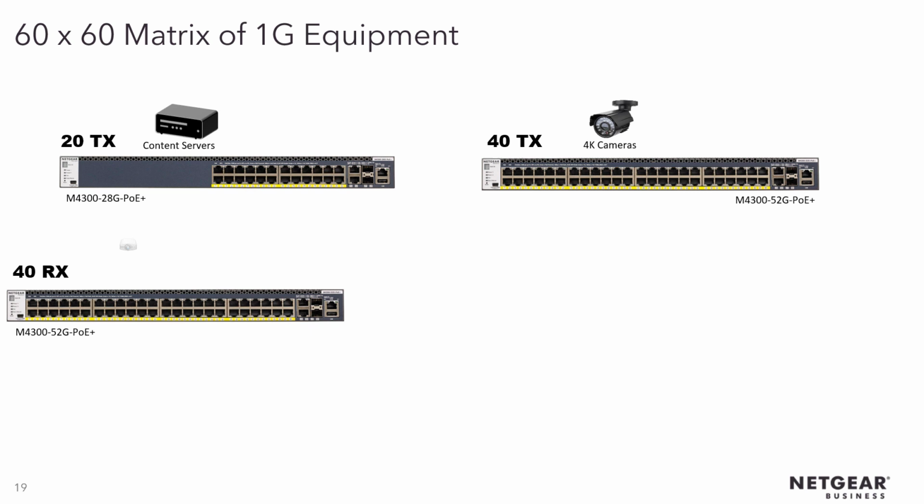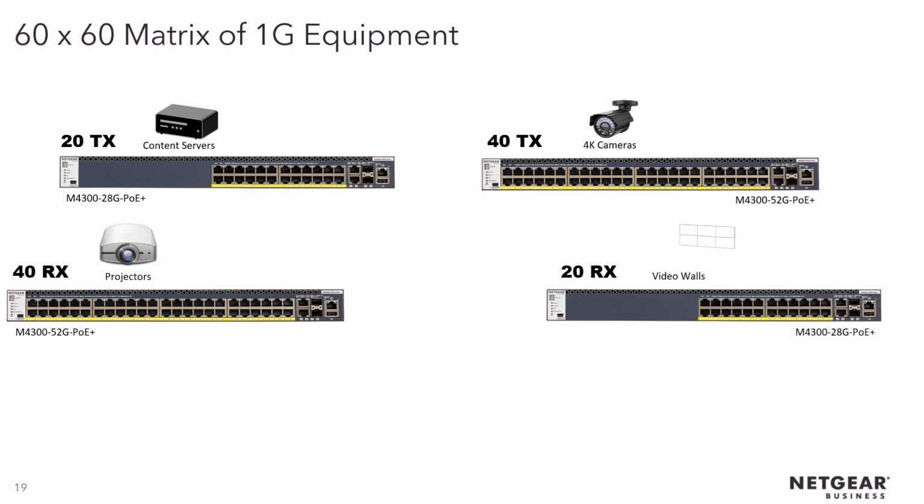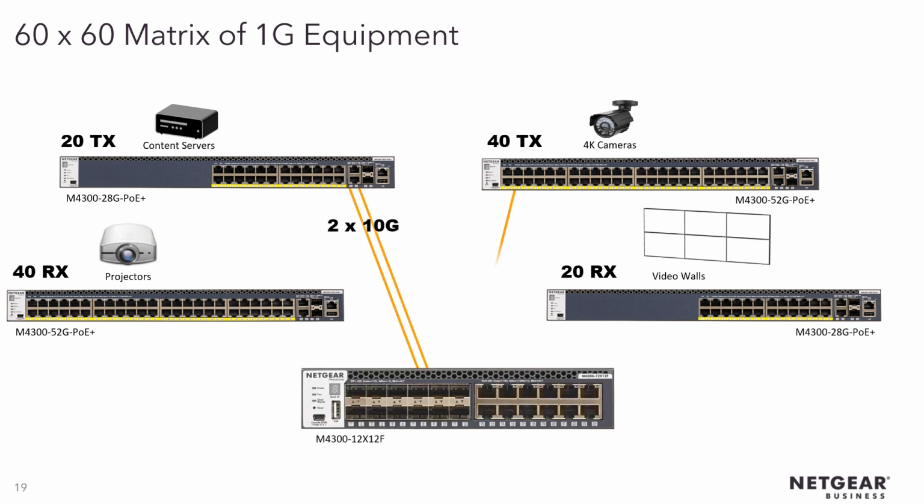Thank you. Yes. So this one is actually a larger 60 by 60 typical deployment with cameras and servers and projectors and video walls. So in that case, you can see that we have 20 transmitters upper left and 40 receivers upper right.